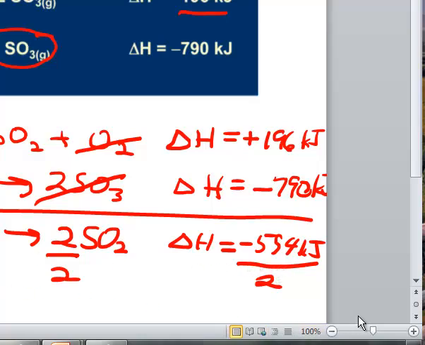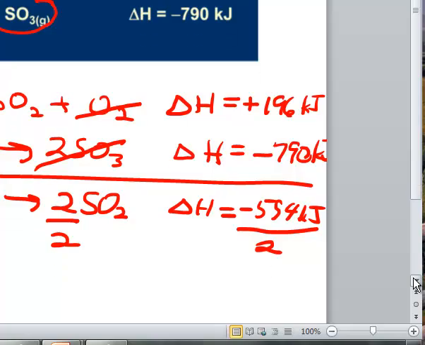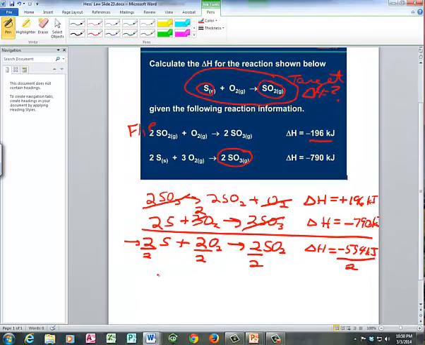So once I do that, I have sulfur plus O2 gives me SO2. And if I look once again at my target reaction, I have sulfur plus O2 gives me SO2. So these path reactions have added up to give me my target reaction.